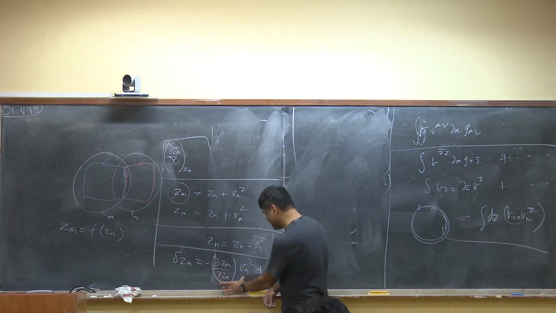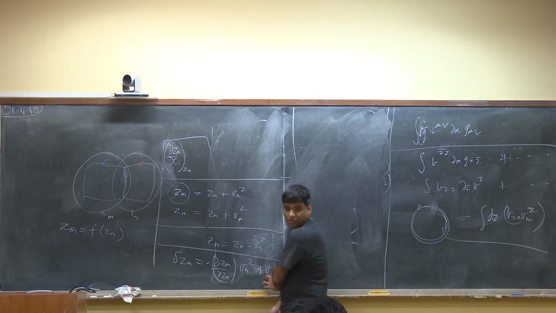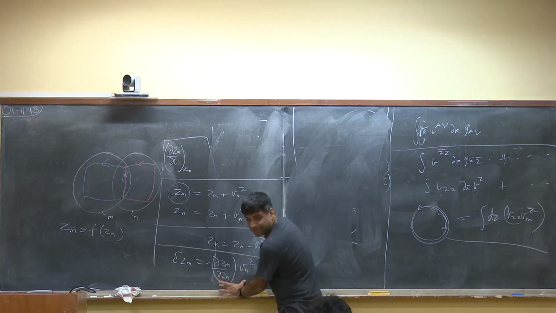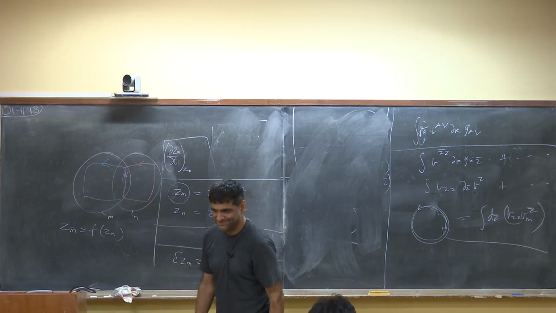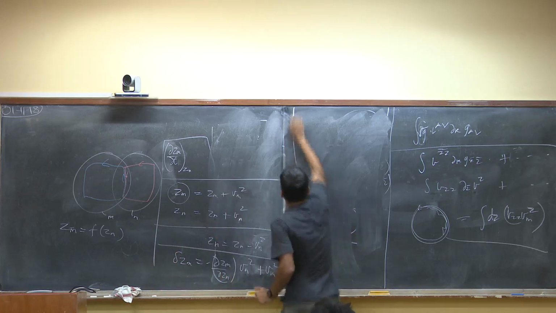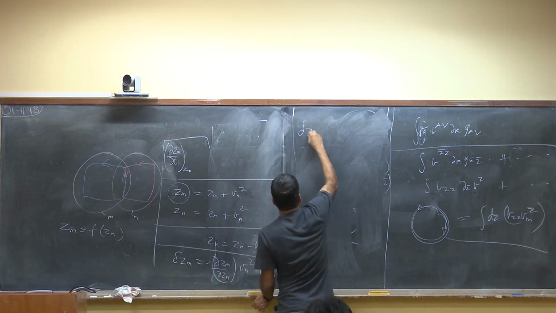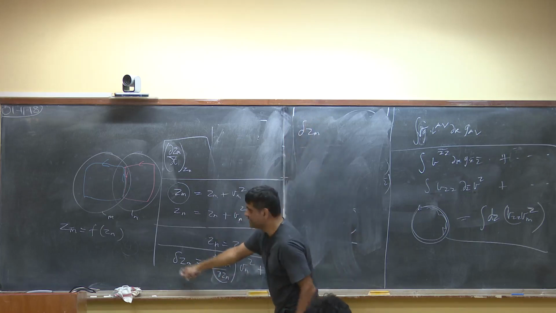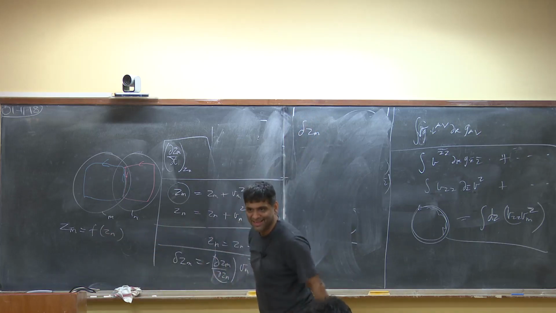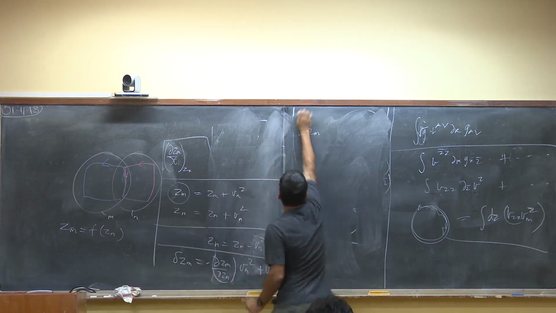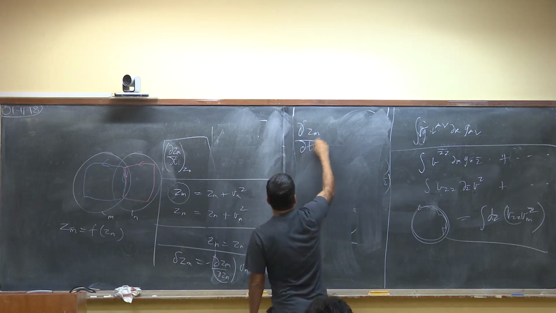Exactly. This was written unnaturally because this vector field referred to the coordinate Zm. This vector field referred to the coordinate Zn. But this combination turns it back into the coordinate Zn. Okay? So this quantity, the thing that characterizes the change in the transition function, I'll call it del Zm by del T at fixed Zn.